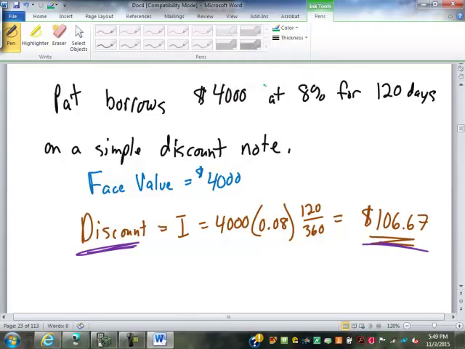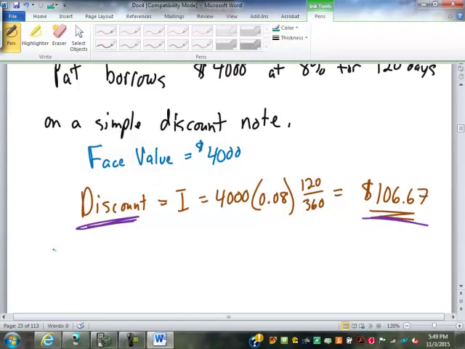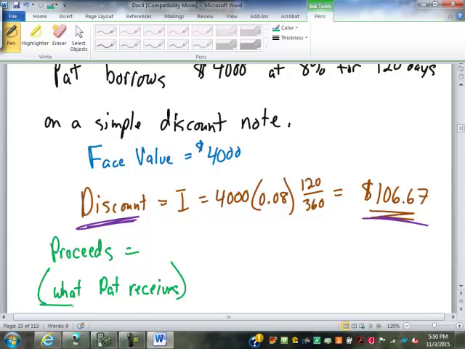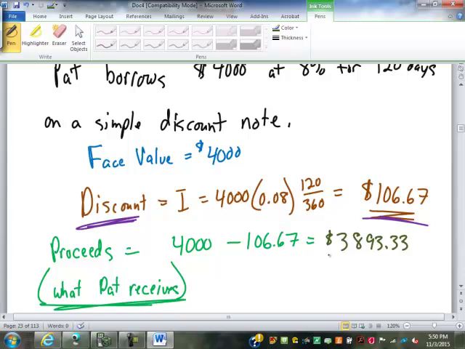So what that means is our proceeds, in other words, what Pat actually receives, is equal to that face value of $4,000 minus that discount of $106.67. So Pat is going to actually receive $3,893.33.